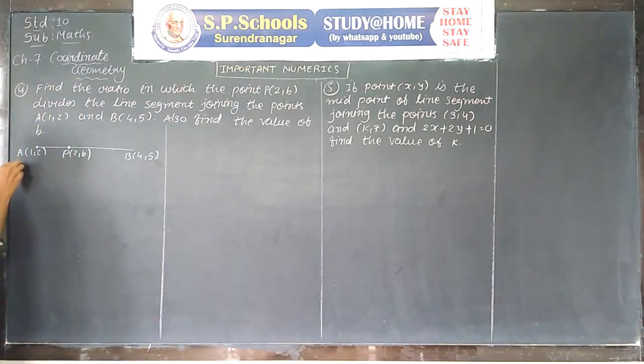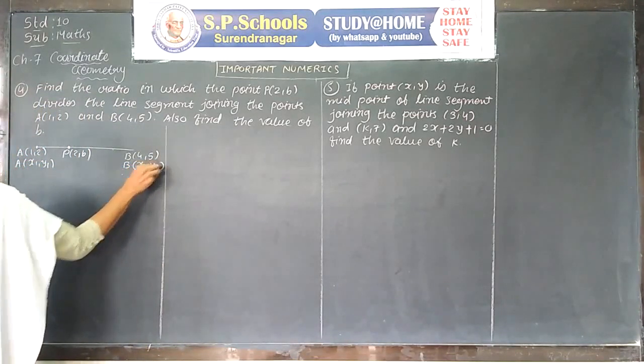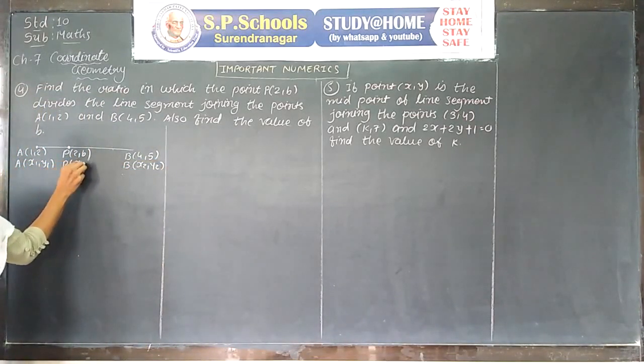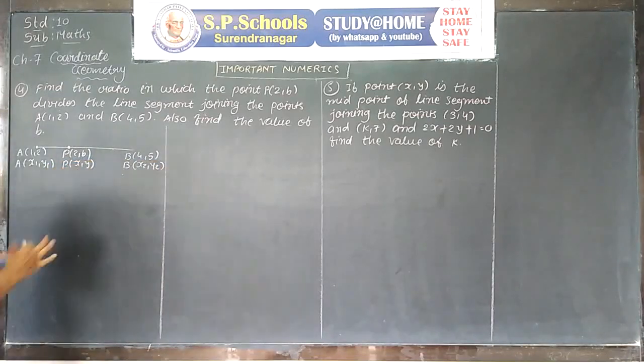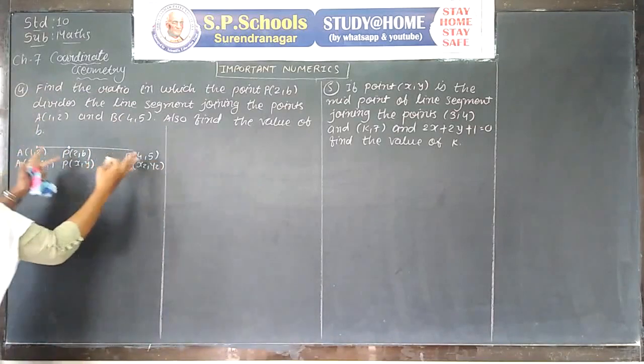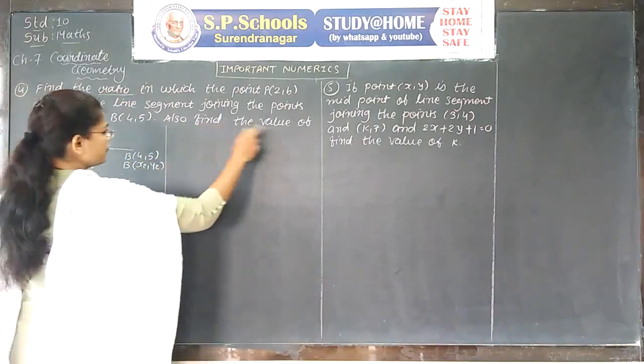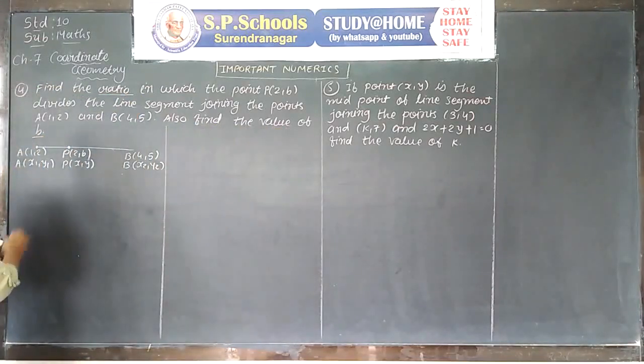The first point A is called (x1, y1). The last endpoint B is called (x2, y2) and the point of division is called (x, y). Here the point P divides line segment AB internally in the ratio AP:PB. We are required to find the ratio as well as the value of k.